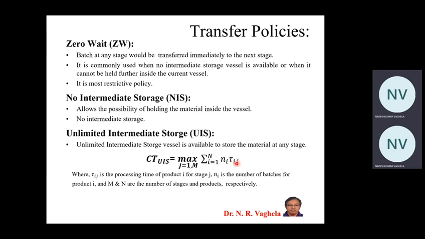Similarly, tau ij is the processing time of product i for stage j. j is the stages and i is the product. And Ni is the number of batches for product i, M is the number of stages, and capital N is the number of products.